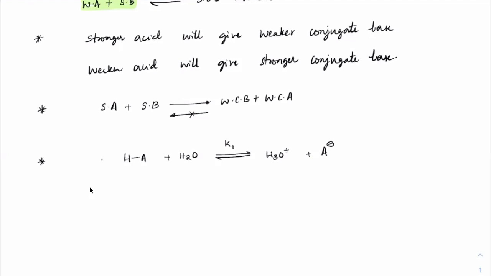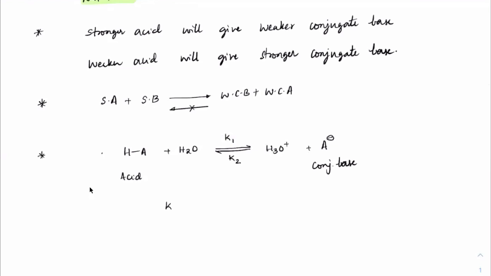It is clear that HA is an acid and A minus is its conjugate base. K1 represents the rate constant in the forward direction, K2 represents the rate constant in the backward direction, and the equilibrium constant Ka represents K1 by K2, which is the dissociation constant or ionization constant of acids.